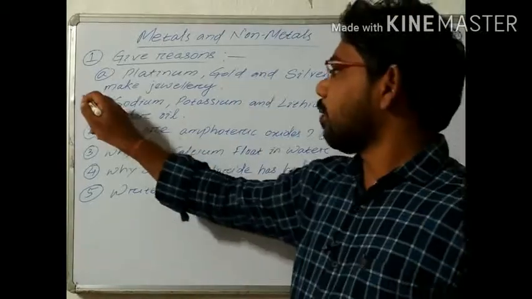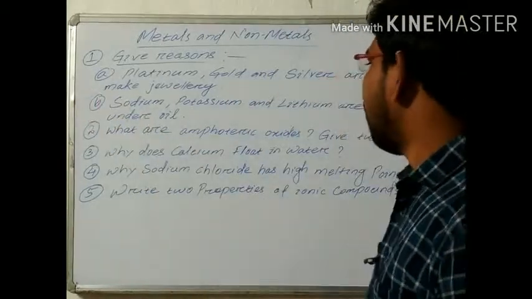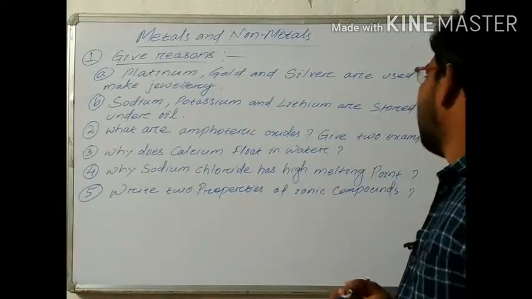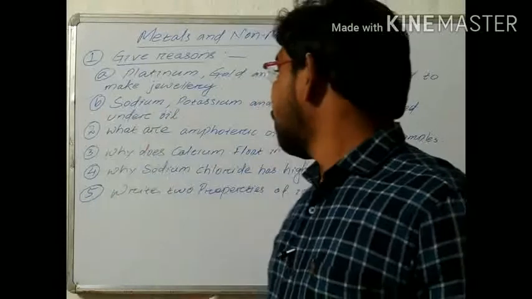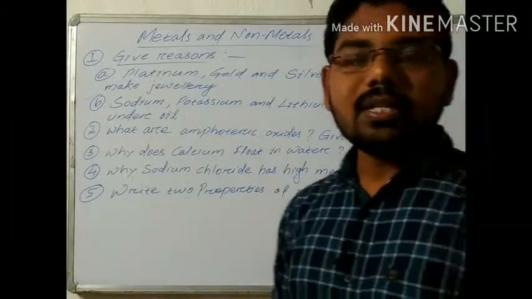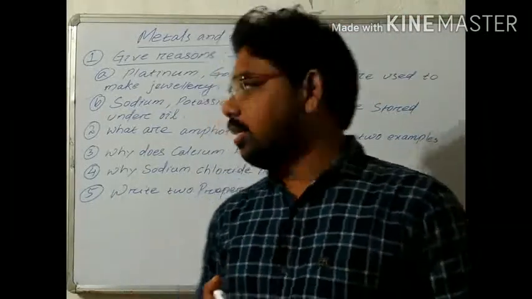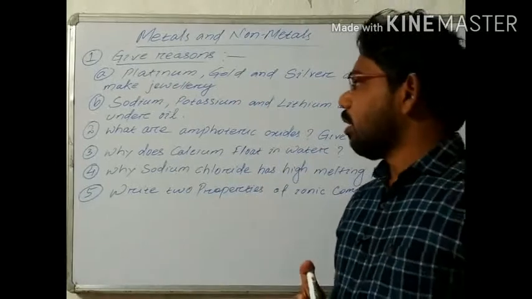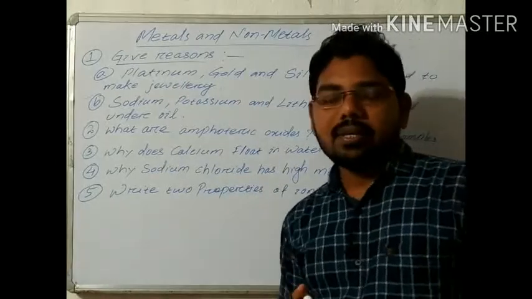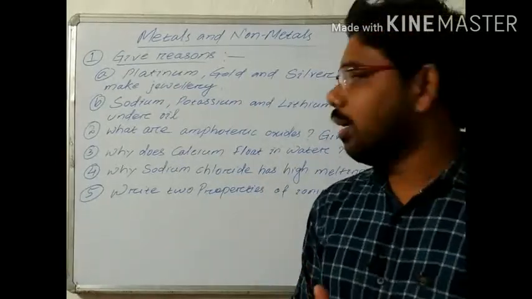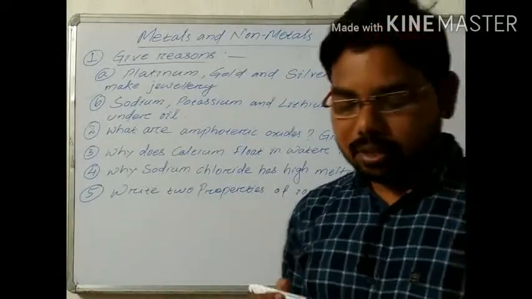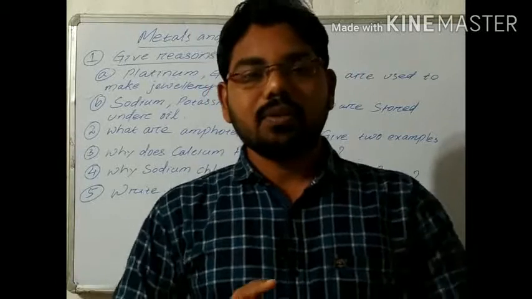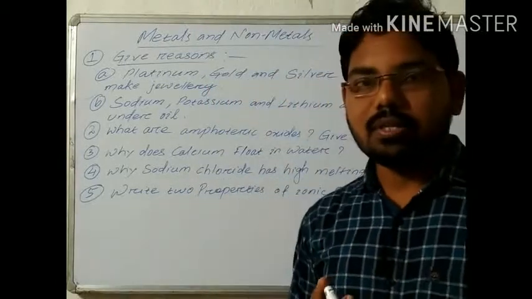The second question: sodium, potassium and lithium are stored under oil. Sodium, potassium and lithium are also metals, and these three are soft metals. We can cut them with a knife, and they are highly reactive metals. They react vigorously on contact with moisture or water.